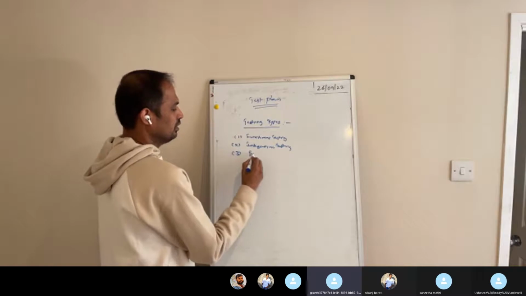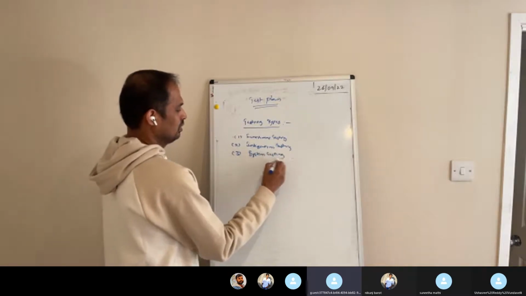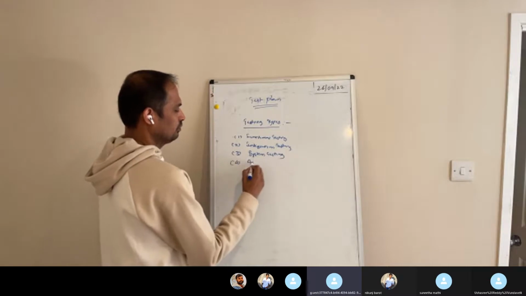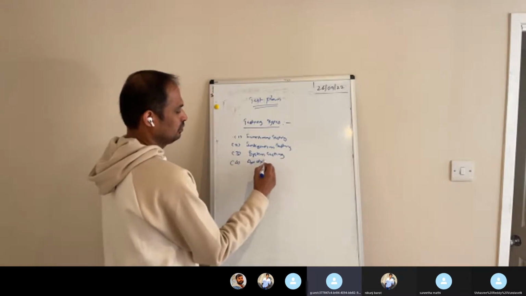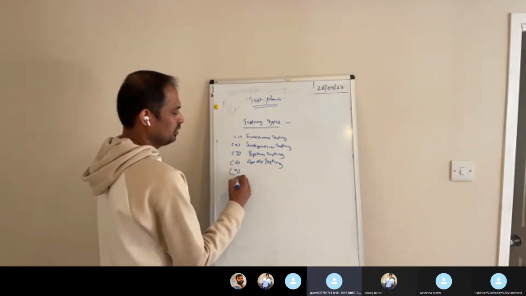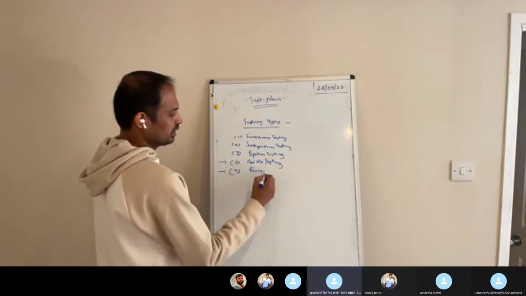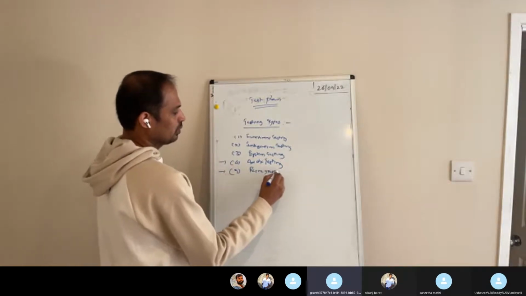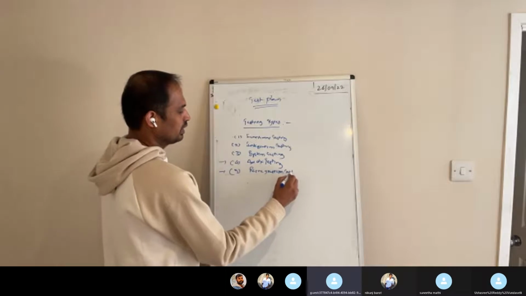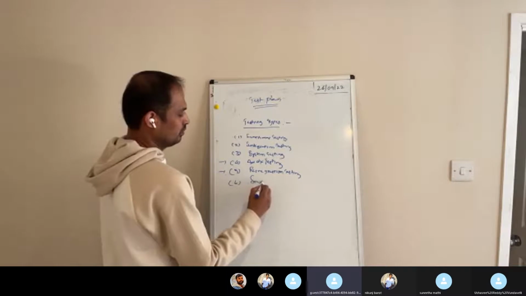Third, system testing. Fourth, ad hoc. Fifth, regression testing. I'll tell you about ad hoc testing and regression testing, don't worry about it now. Sixth, smoke test.